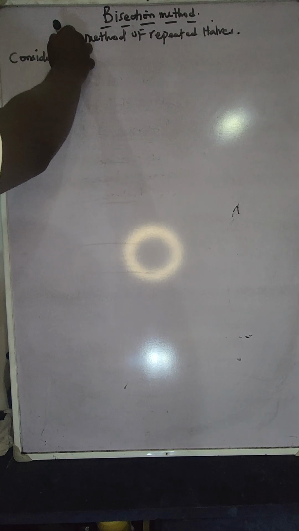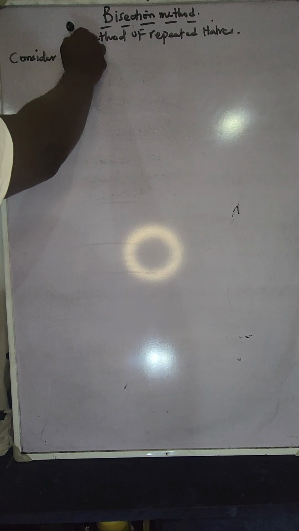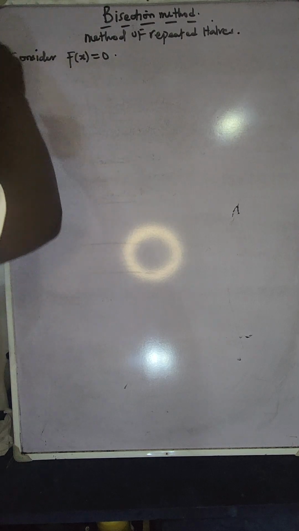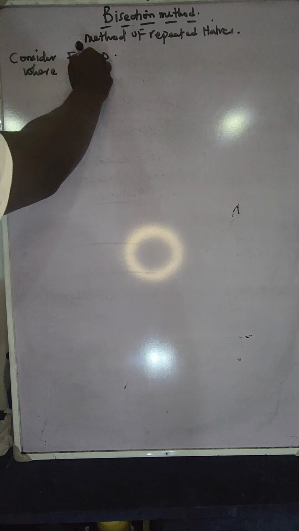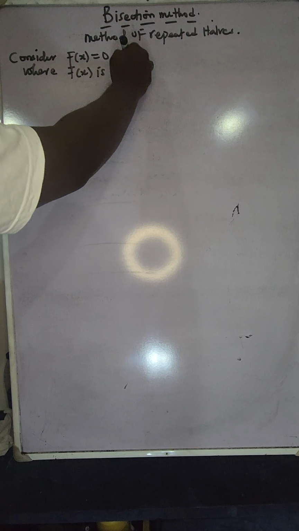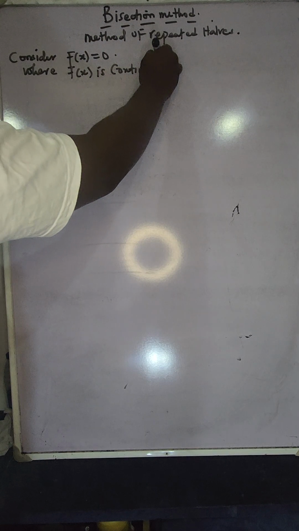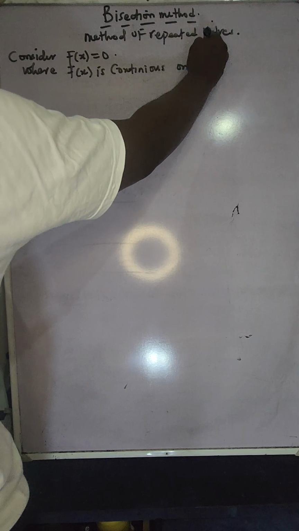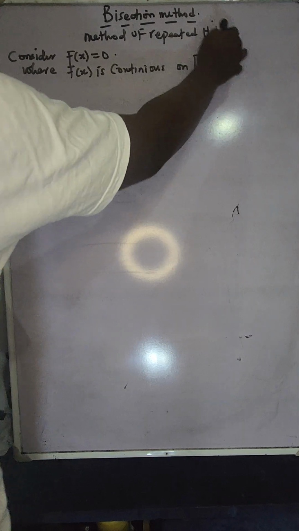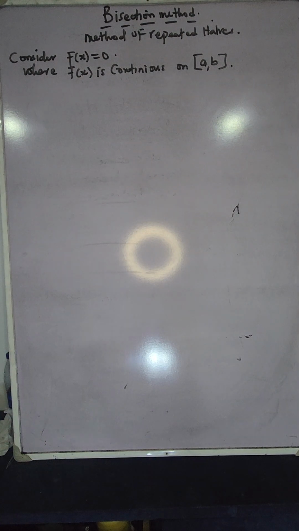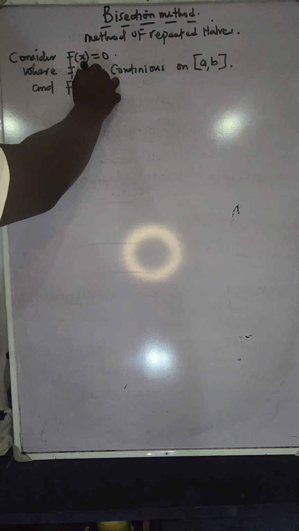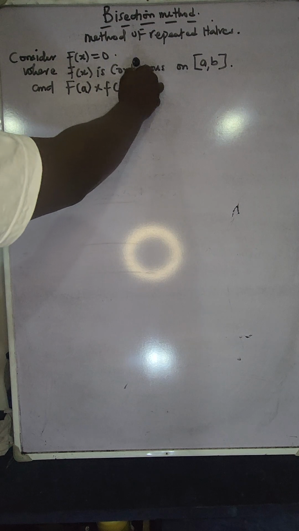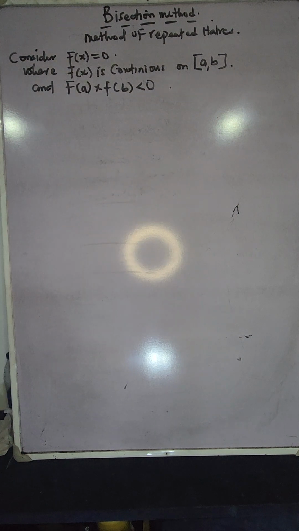And so let's consider that f of x is equal to 0, where f of x is continuous on the interval a, b, and f of a multiplied by f of b is less than 0.